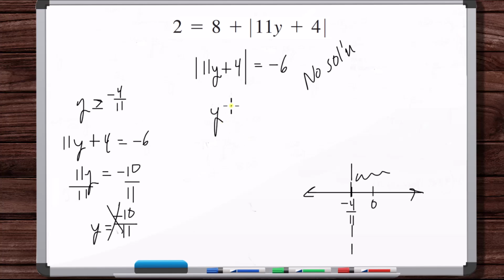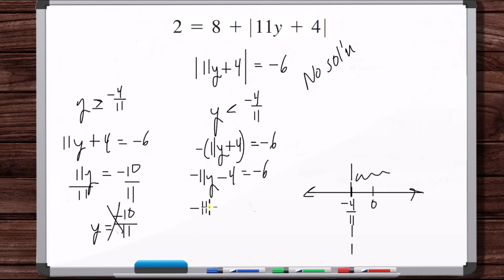So now let's do y is less than -4/11. In that case, we're going to have -11y - 4. Okay, -6 plus 4 is -2. So, is this less than -4/11? No. No solution.